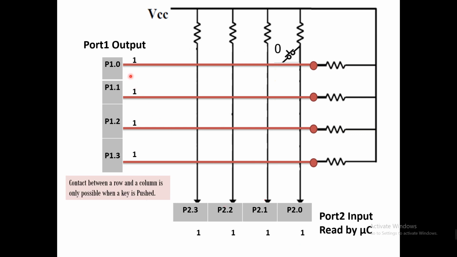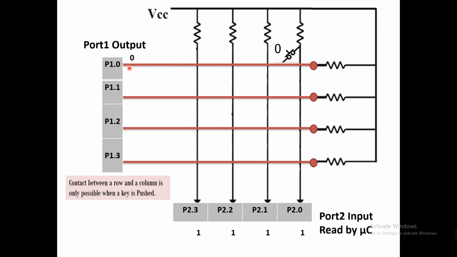Now we change what we did here. We remove this 1 value and make this value 0, because this is an output port. We can clear bit P1.0, then this value will be 0. Now analyze. We still have the switch pressed.